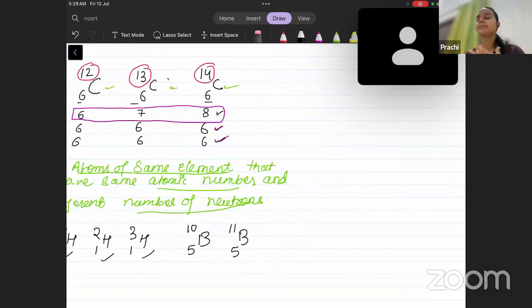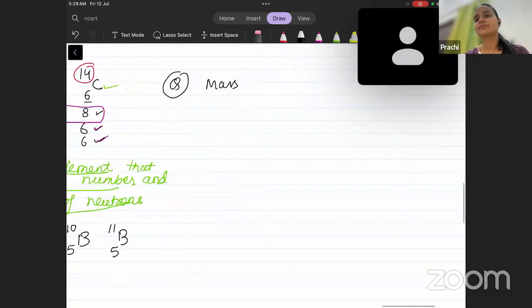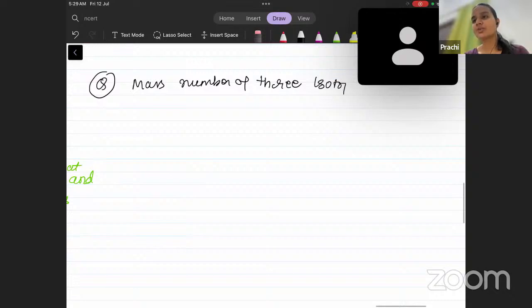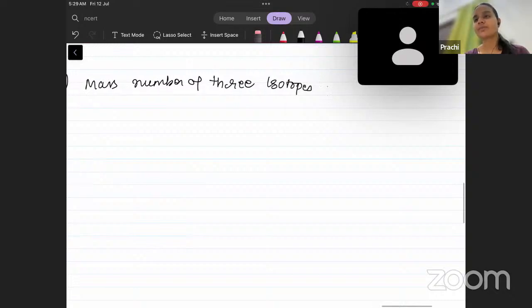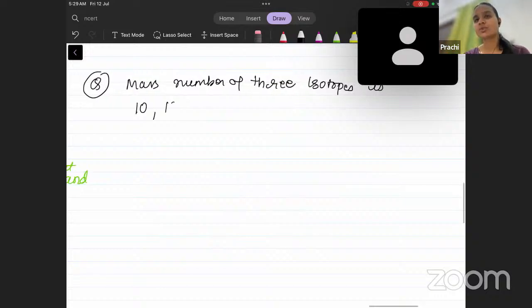For example, the mass numbers of three isotopes of an element are 10, 12, and 14.